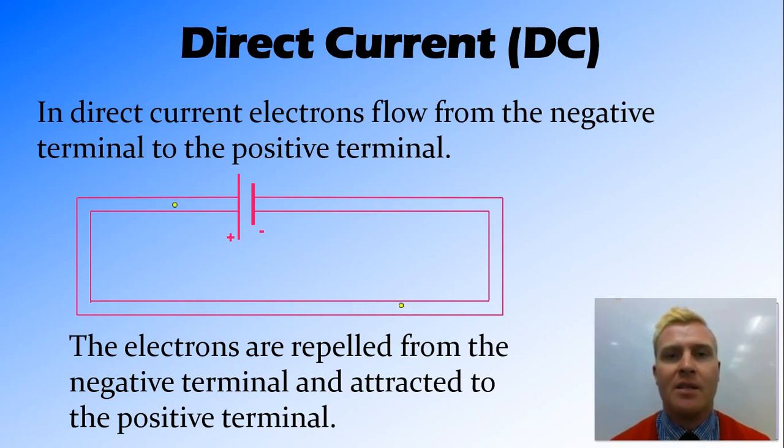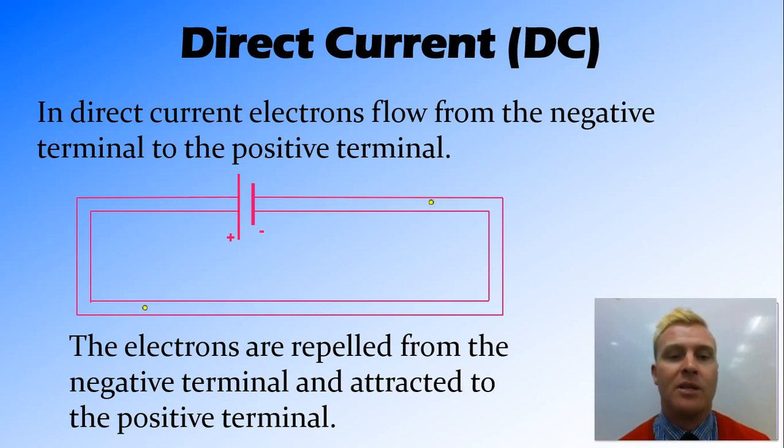And the reason that these electrons move around like this, and this is a very simplified animation that I've got here, because every single atom within that circuit would have electrons in it. Okay, that's a conductor. These electrons can move around.